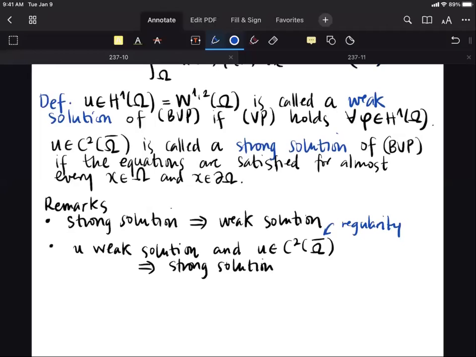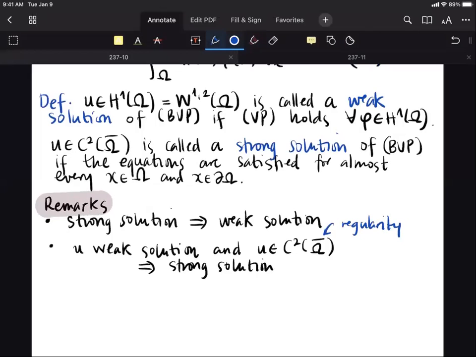Okay, so here is an alternative way of solving the boundary value problem. First, if you want to establish the existence of a solution, you first show that it has a weak solution, and then that it is regular enough. In other words, it is continuously twice differentiable up to the boundary.